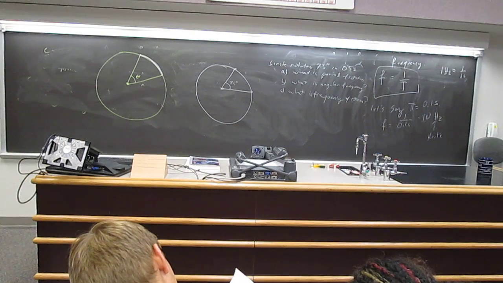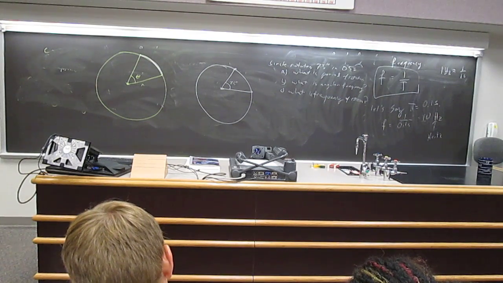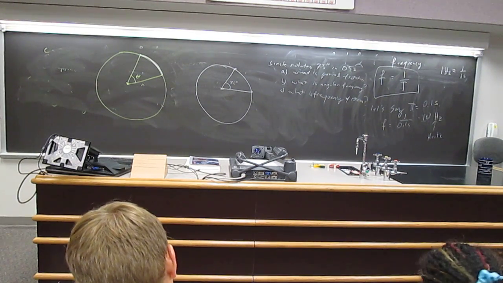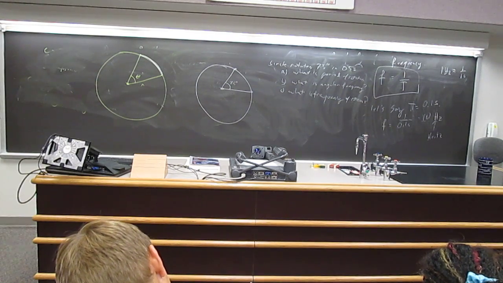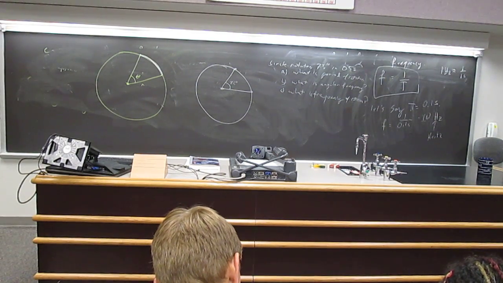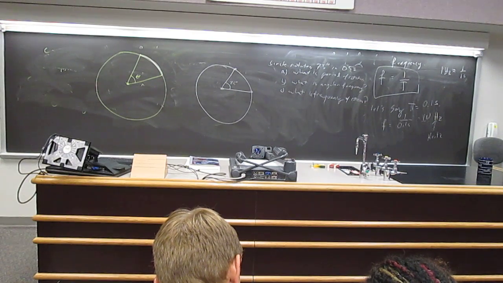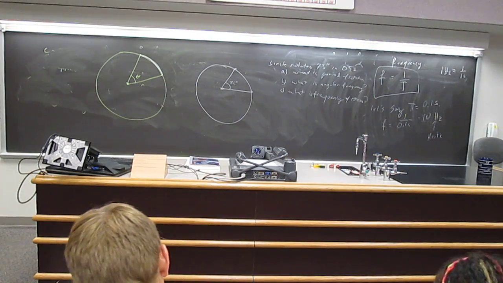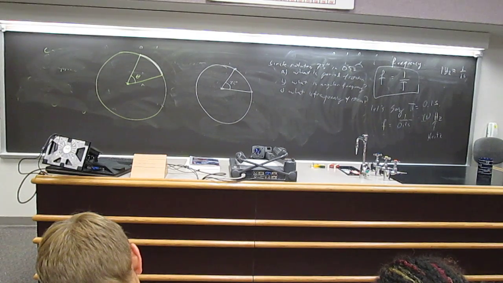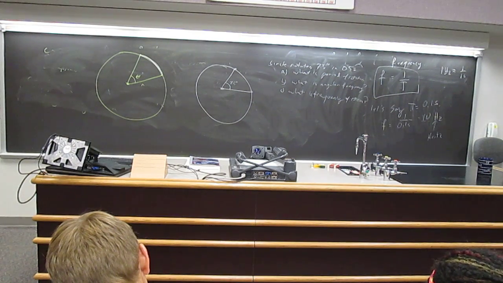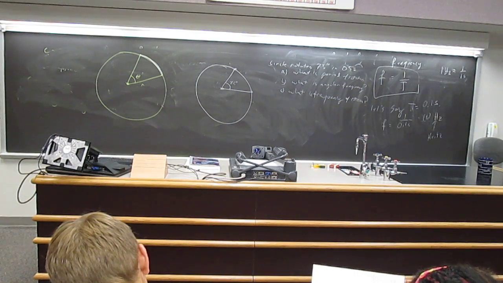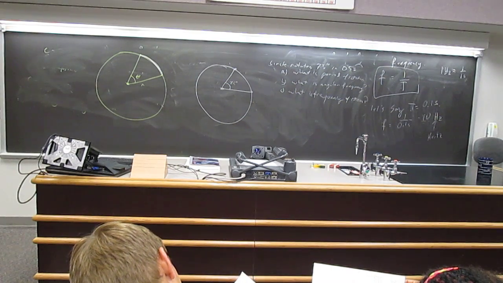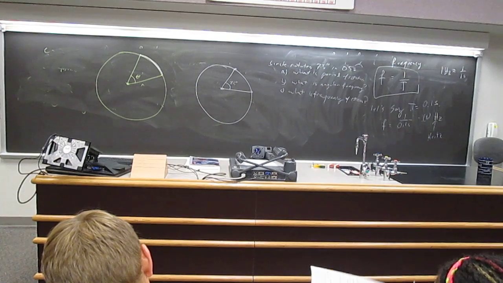So 2 pi over 2.3. Do we have to do it in radians? What is the angle? Oh, that's really similar.